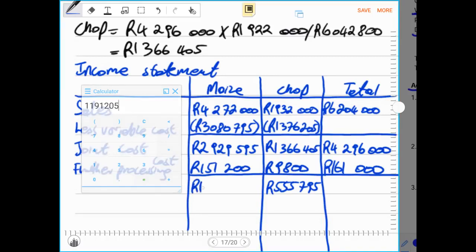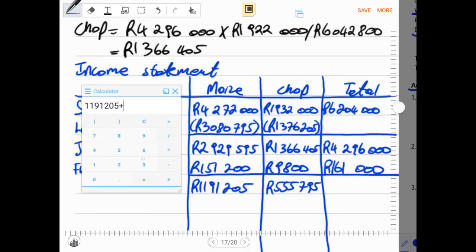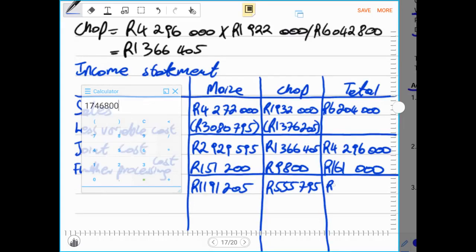It gives me a total of 1,191,205. And I add the two: plus 555,795. It gives me 1,746,800.